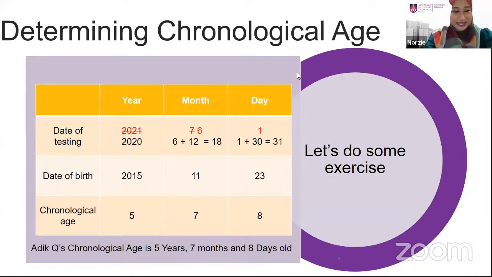Tapi saya ada soalan. Saya nak tanya dengan anda semua. What is the difference between chronological age and corrected age? Pernah dengar tak corrected age?